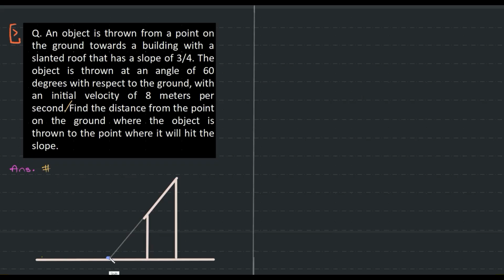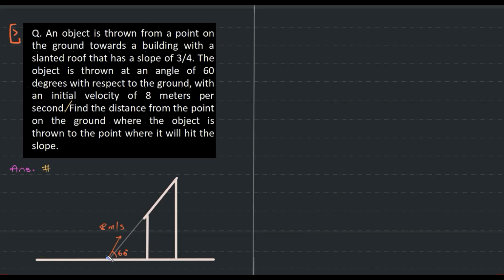And we are throwing at an angle something like this. So this is with velocity of 8 meters per second, and you have 60 degrees. That's it.